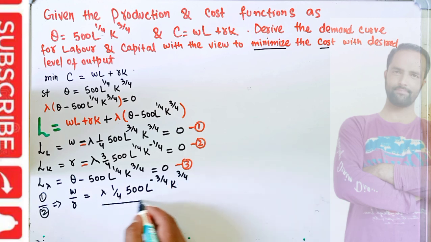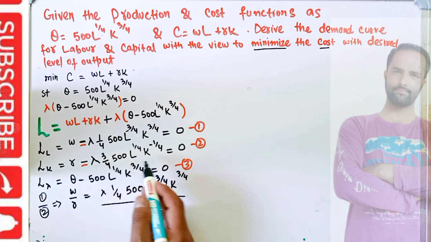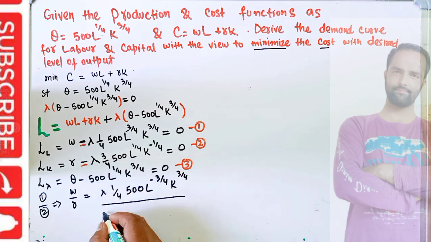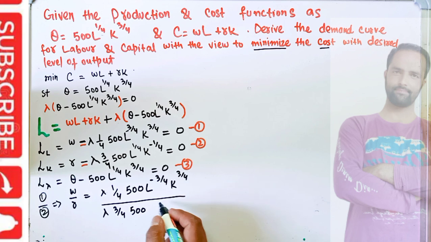To this we have to divide lambda 3 upon 4 500 L to the power 1 upon 4 K to the power minus 1 upon 4. Okay, so I have divided equation 1 with equation second.